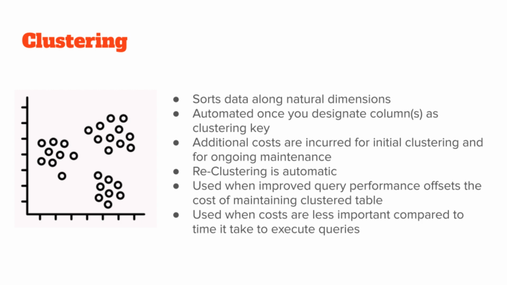Snowflake's clustering is a fully automated process, and when you designate one or more columns as the clustering key, the data is automatically reorganized as it's updated, deleted, or modified. For instance, if you choose the city column as the clustering key for your data table, all records sharing the same city will be grouped within the same micropartition, greatly enhancing query performance for operations involving the city column.